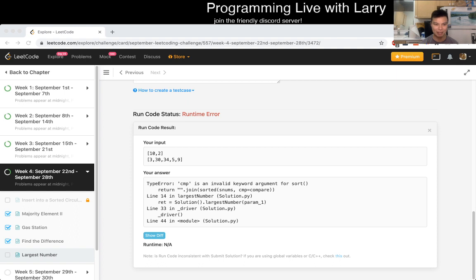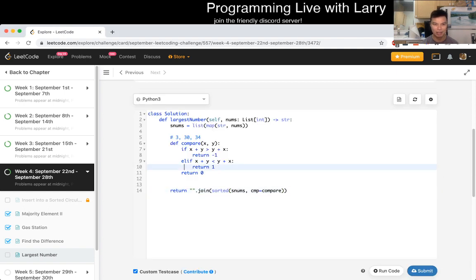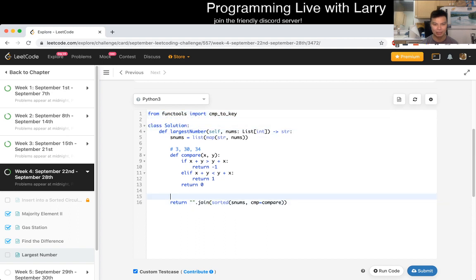Apparently they took it out in Python 3. And I didn't know that this is the syntax. I don't know why. I guess the key version is much more common, but it's still a little bit weird, maybe. That's just commentary. It doesn't really matter that much.